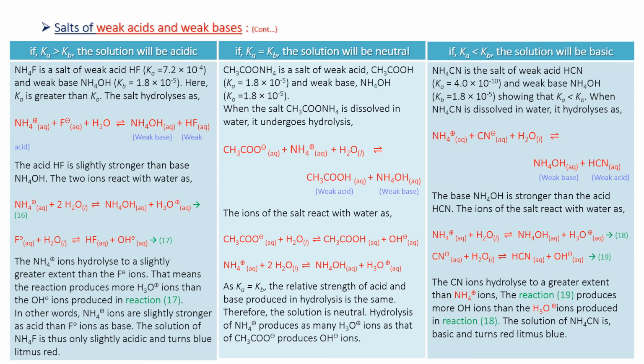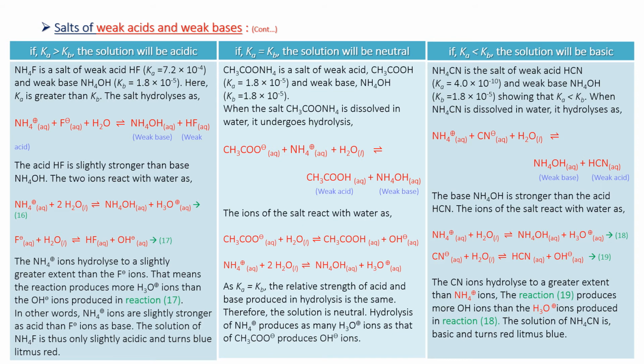So now in this case what happens? Your CN minus can hydrolyze to a greater extent than your NH4 plus ion. If you see, reaction 19 produces more OH minus ion than the H3O plus ion produced in reaction 18.